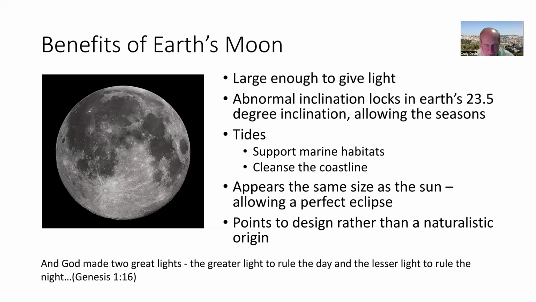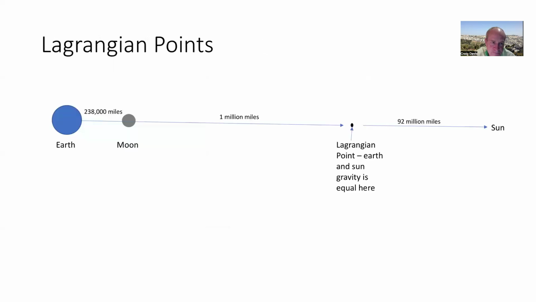Now, the Bible doesn't have really anything to say about the creation of the other planets in terms of where they are right now is where they were created in the first place, but it does have something to say about the moon. It says God made two great lights, the greater light to rule the day and the lesser light to rule the night. The lesser light, of course, is the moon. It indicates that God created the moon in more or less the same condition that we see today.